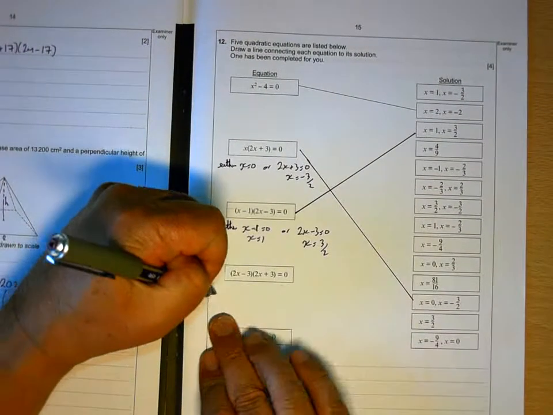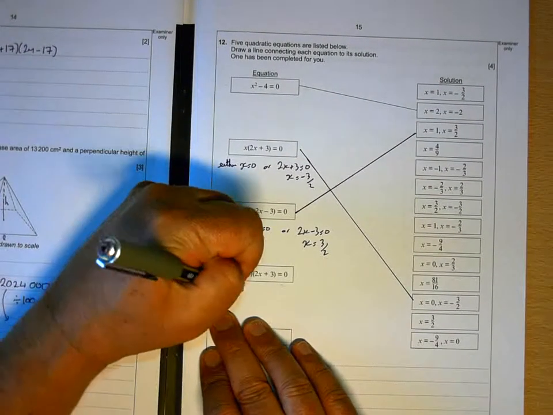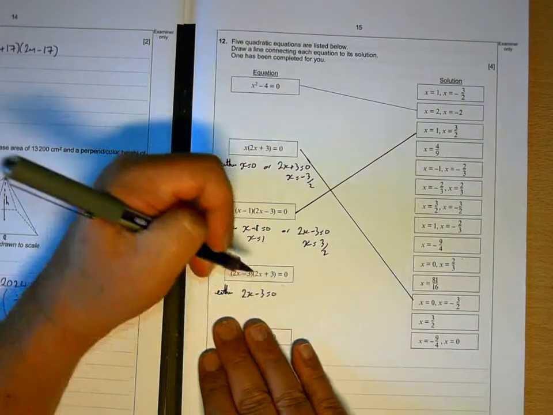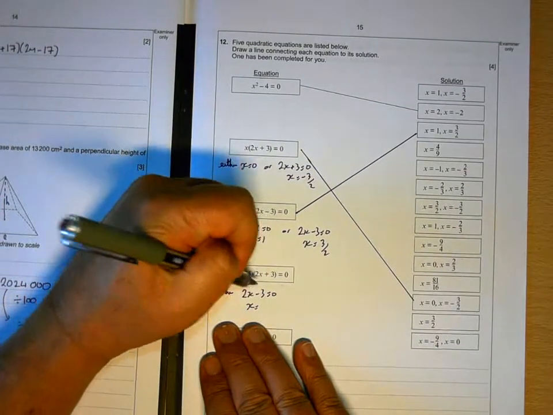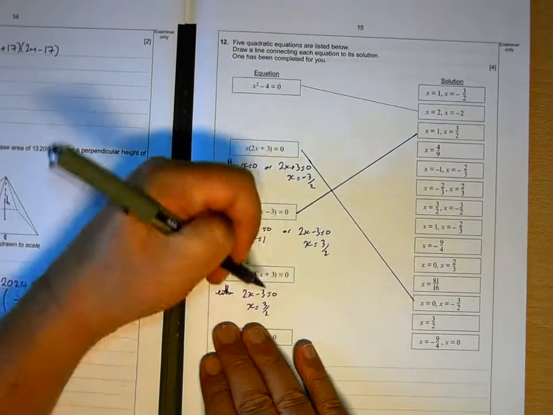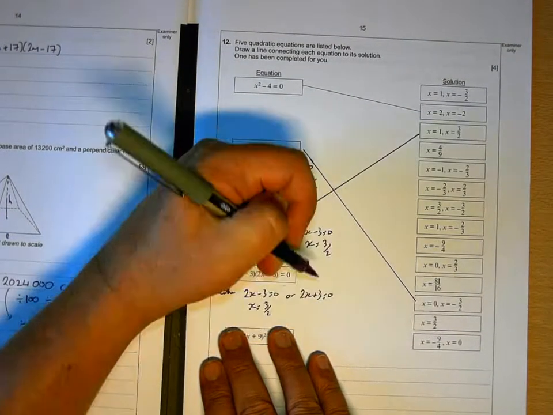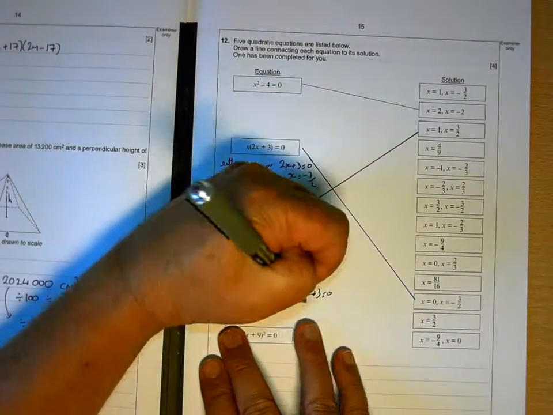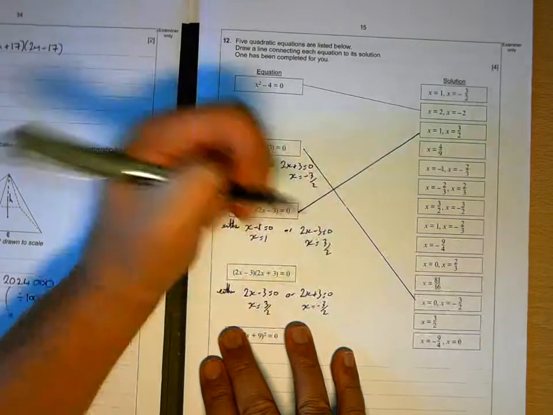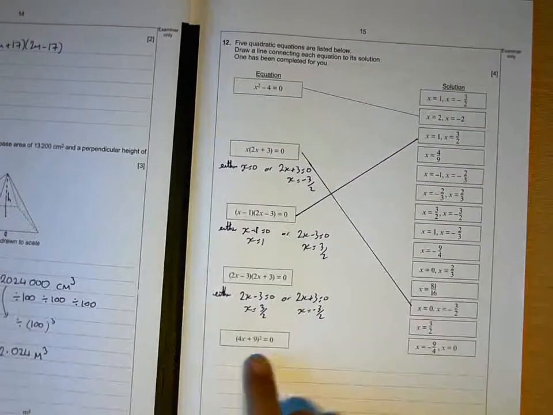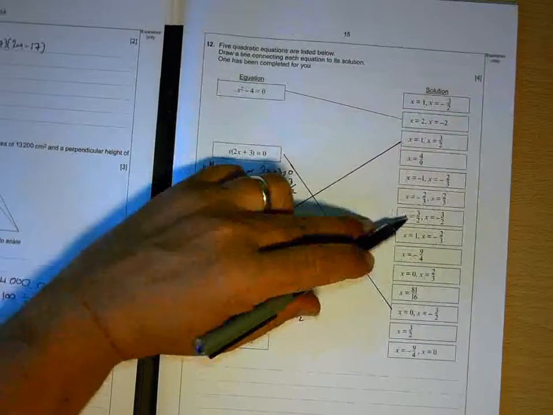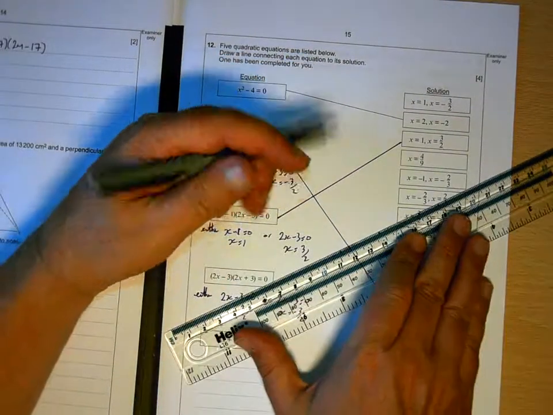This one, either 2x minus 3 equals 0, which will be the same as that, x is 3 over 2, or 2x plus 3 equals 0. Take 3 over, it becomes negative. So 3 over 2 or minus 3 over 2, which is there.